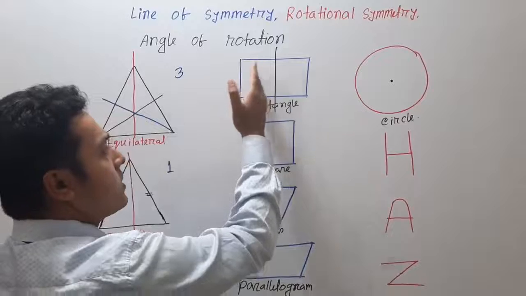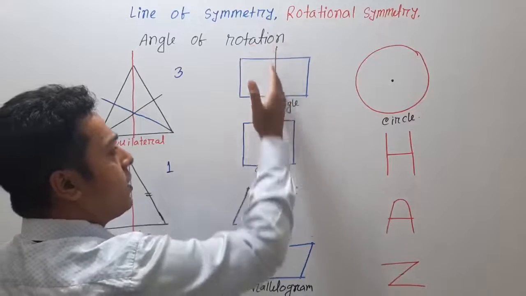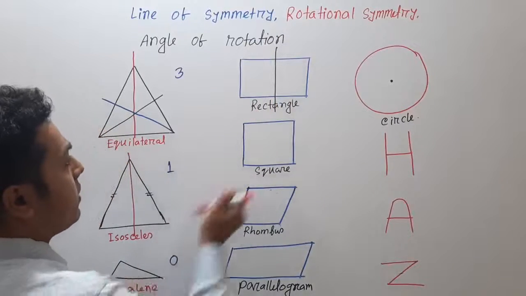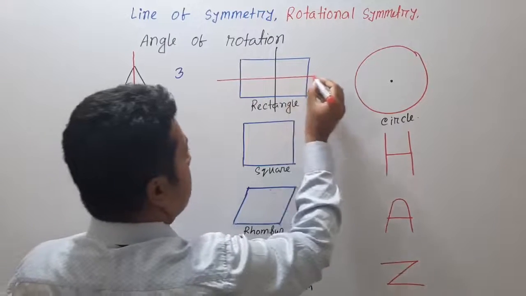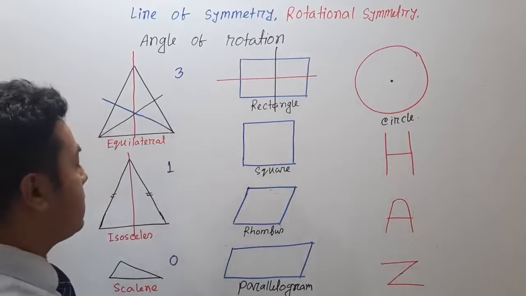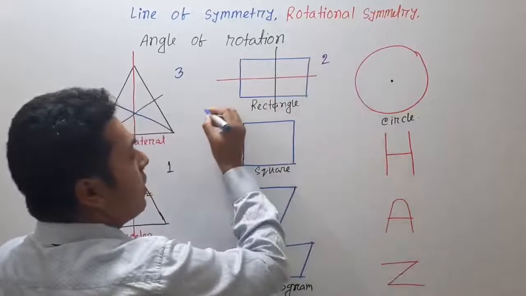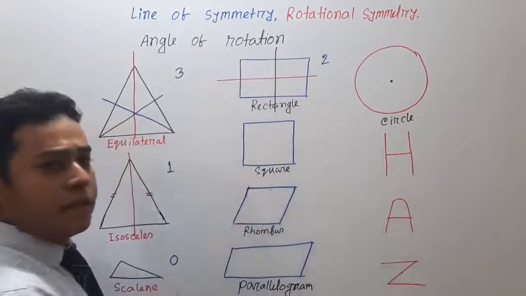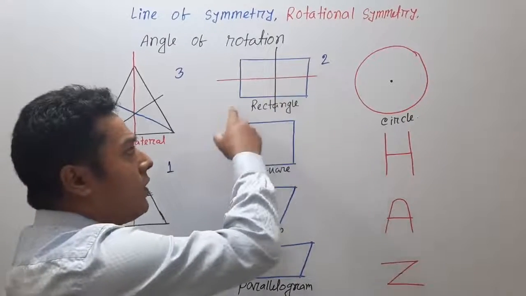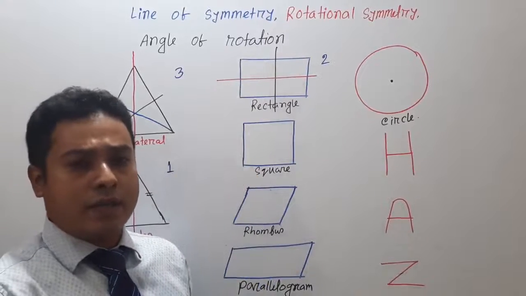So this and these are equal in mirror image, therefore it has a line of symmetry according to this line, and also according to this line. So it has 2 lines of symmetry, but in the diagonal way it has no line of symmetry. This half and this half do not exactly overlap each other.